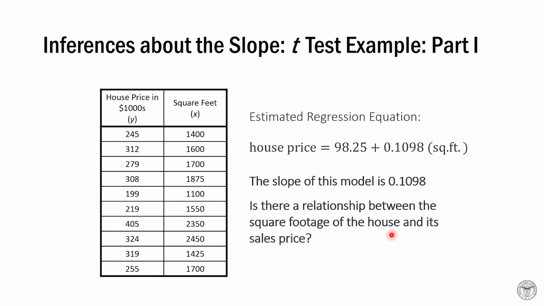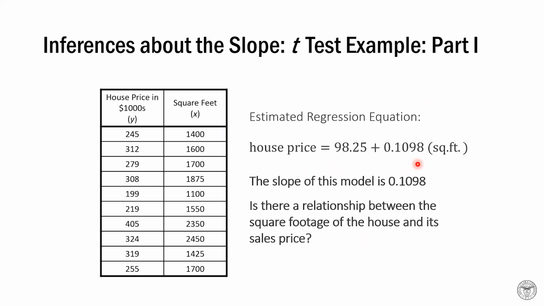For example, in the house price case, we have obtained the linear regression model: house price equals 98.25 plus 0.1098 square feet. We learned that the slope of this model is 0.1098.